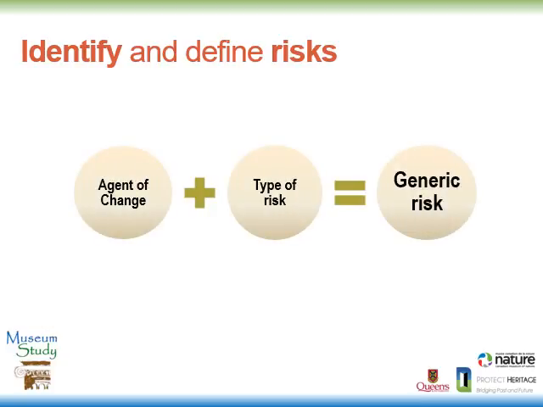To identify and define risks, again, just to remind us, we take an agent of change and a type of risk to give a generic risk. So we might have physical forces type 1. Could be a meteorite hitting your building, very rare. An airplane hitting your building, not quite so rare, but still not very common. Perhaps a major earthquake, a windstorm, a landslide, that sort of thing.